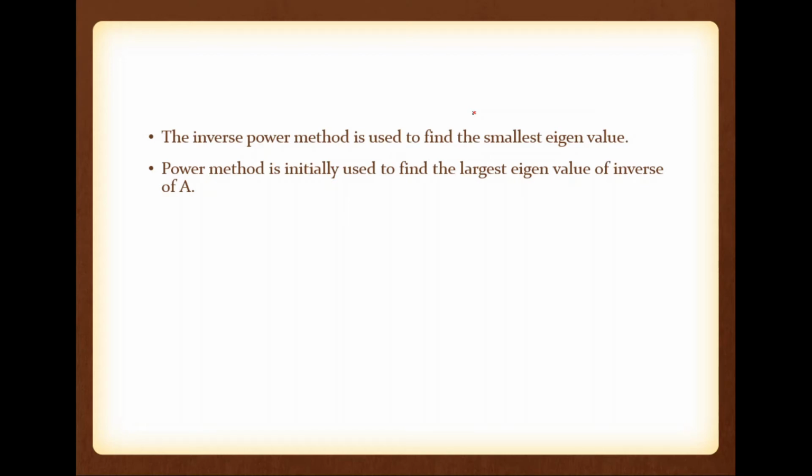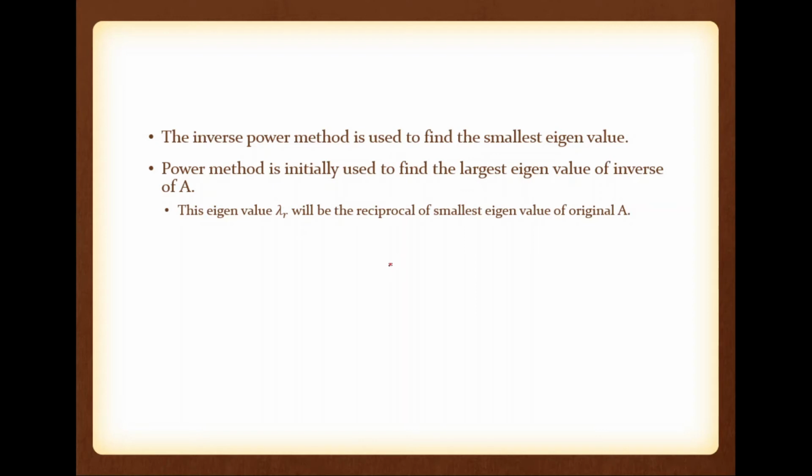The reciprocal of that largest eigenvalue of the inverse of A will be the smallest eigenvalue of the given matrix A. So this eigenvalue lambda r will be the reciprocal of the smallest eigenvalue of the original A, or the smallest eigenvalue of the original A will be the reciprocal of the largest eigenvalue of the inverse of A.